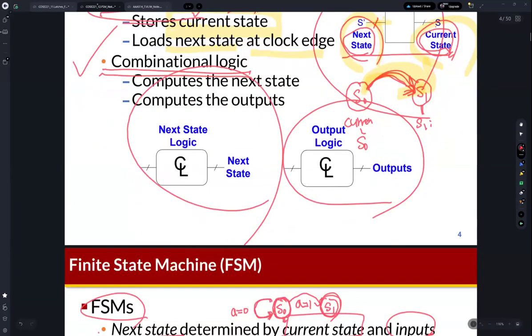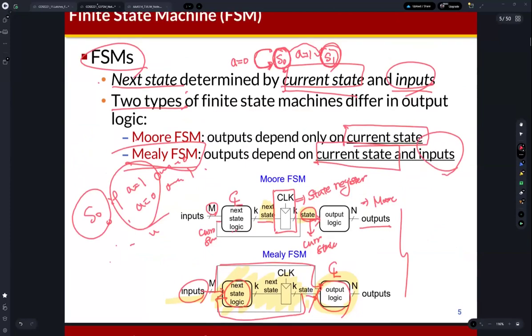And then we also learned about the two types of FSM: the Moore FSM and the Mealy FSM. The only difference between the Moore FSM and the Mealy FSM is that the output signal is determined by only the current state, that is the Moore FSM, right? So that can be the question of the pub quiz for the next class, right?